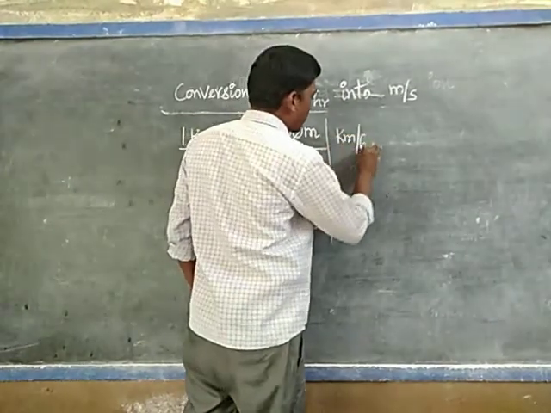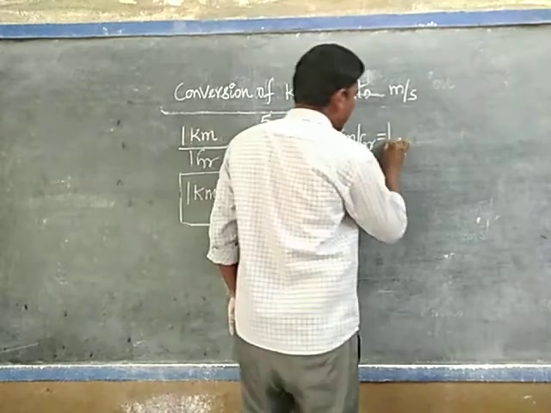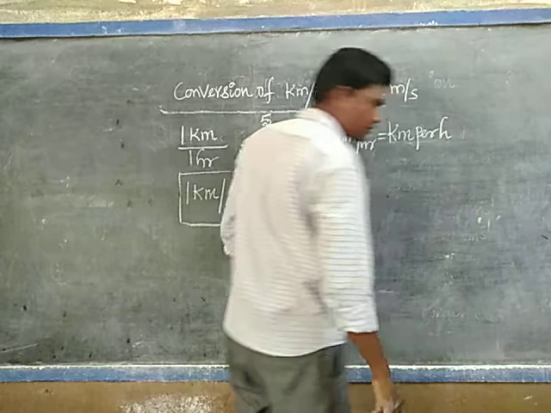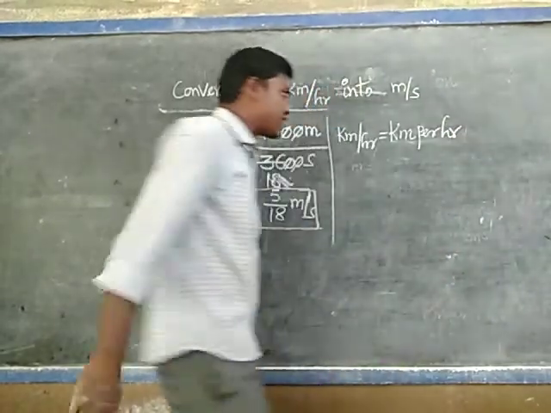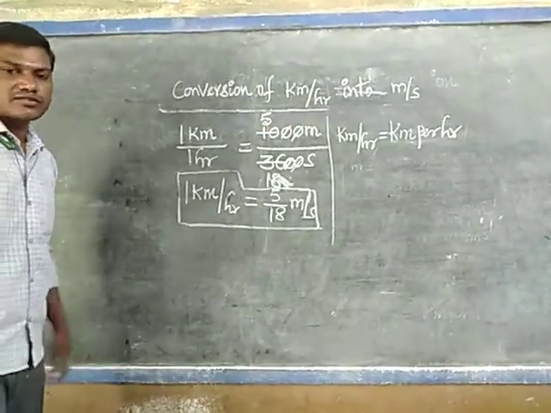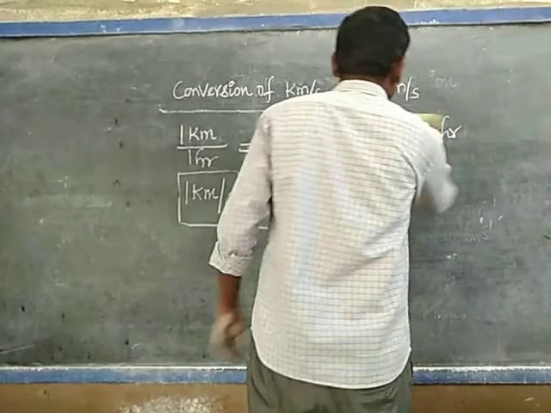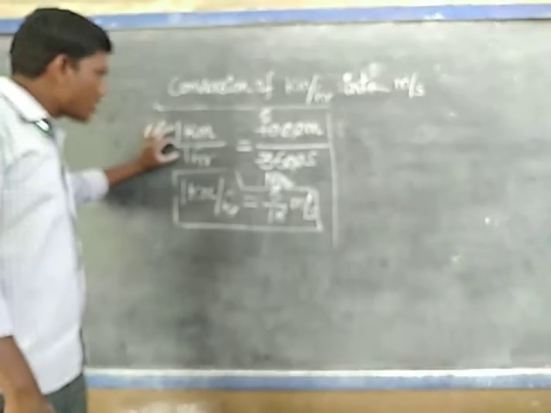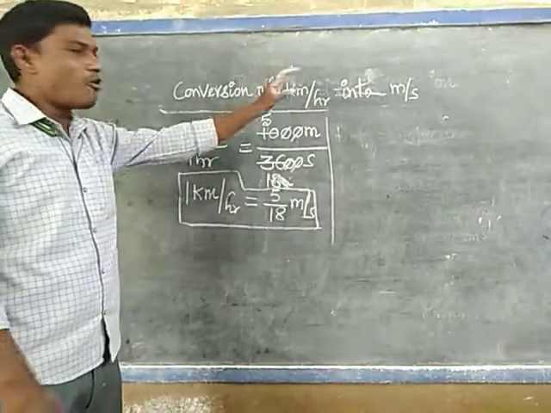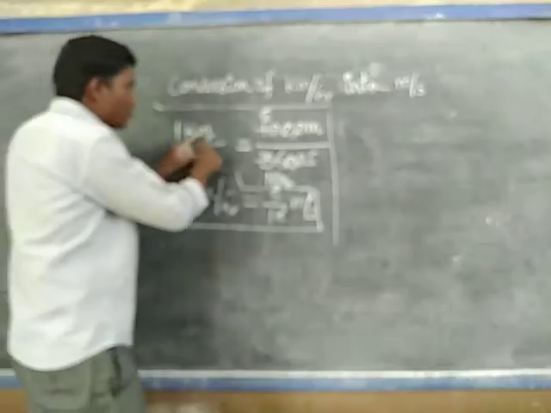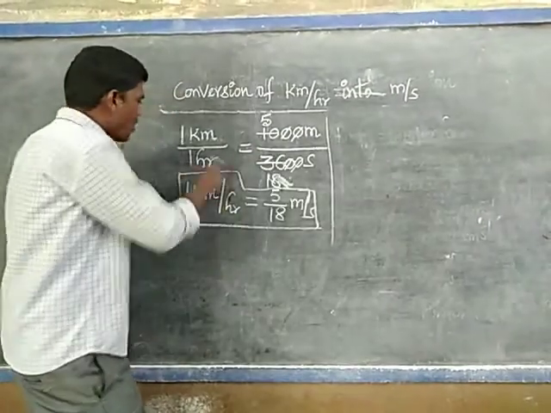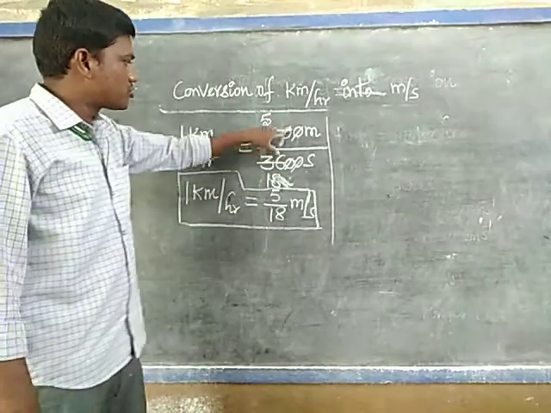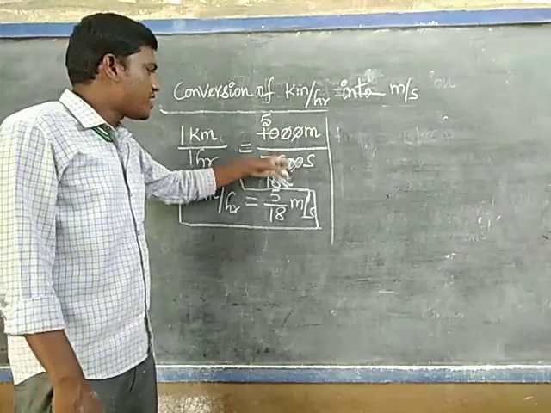Kilometer per hour, we can also simply write as kilometer per hour. So all of you listen once again. 1 kilometer per 1 hour is equal to how many meters per second? 1 kilometer is equal to 1000 meters. 1 hour is equal to 3600 seconds. 2 zeros get cancelled on the numerator and denominator side.